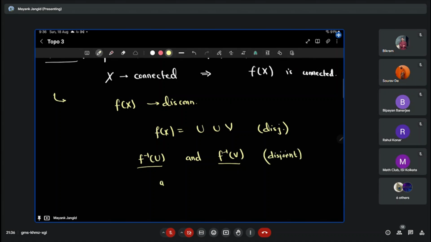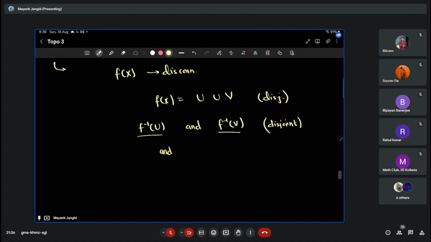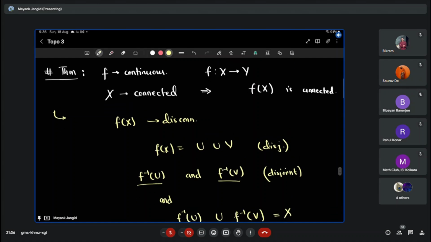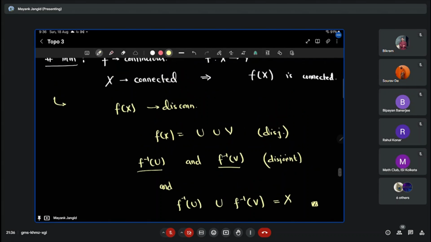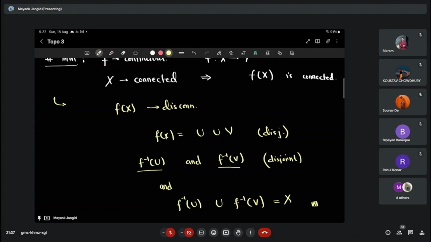Since U union V is the full image of X under F, F inverse of U union F inverse of V should be equal to X. So if we have a disconnection of F of X, we also have a disconnection of X. Therefore, if X is connected, we must have F of X also connected. Is this clear to everyone? Yes. Okay.